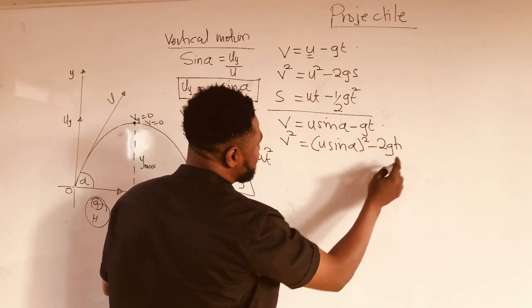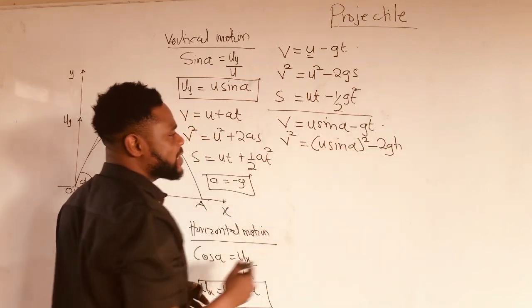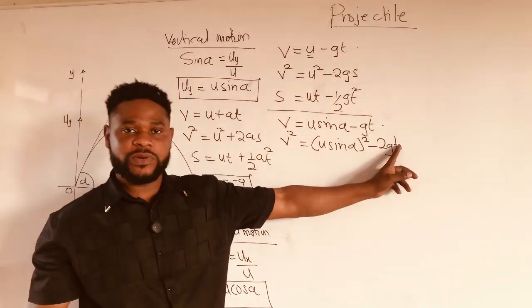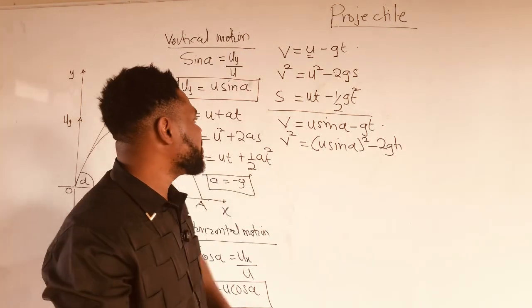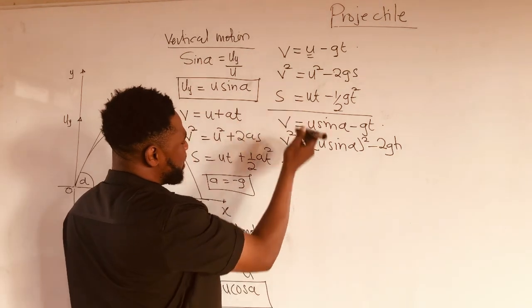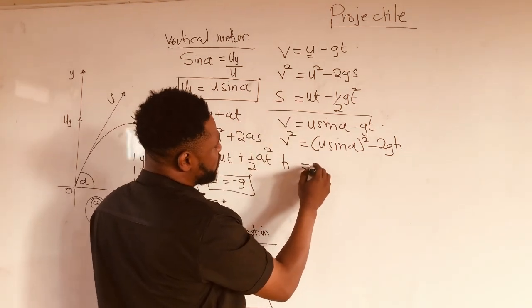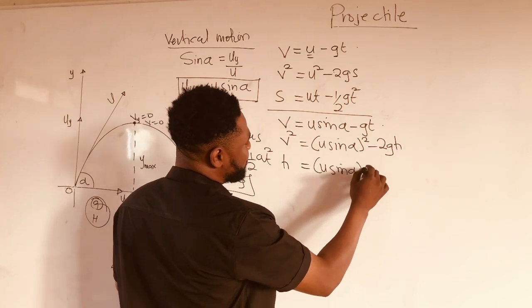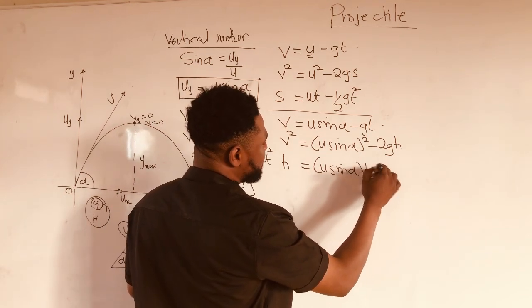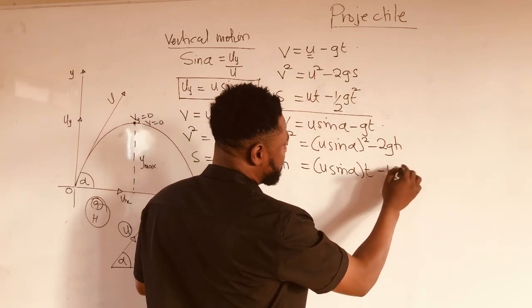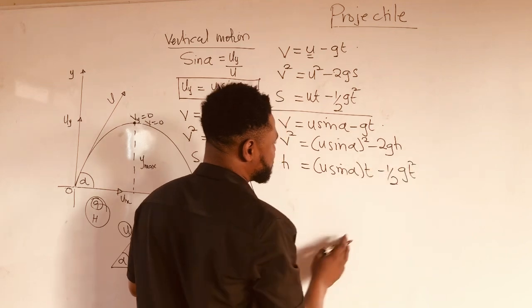All right, the distance here can be represented by the height, or we can even use y to replace it here, so don't forget about that. And again, our h or x or y will be equal to u sine alpha multiplying time minus half gt squared.